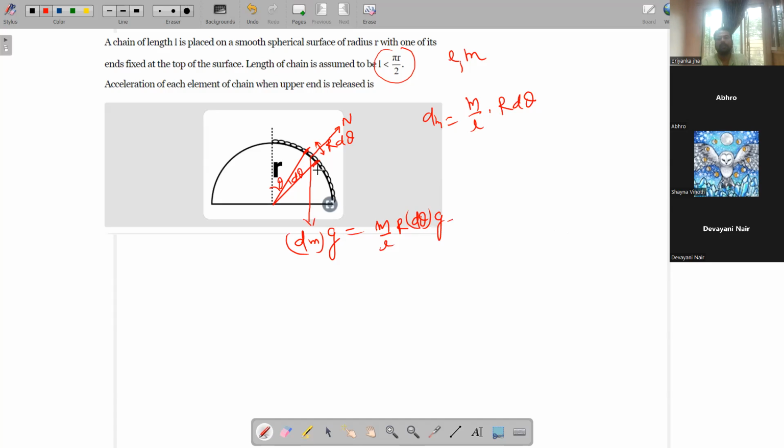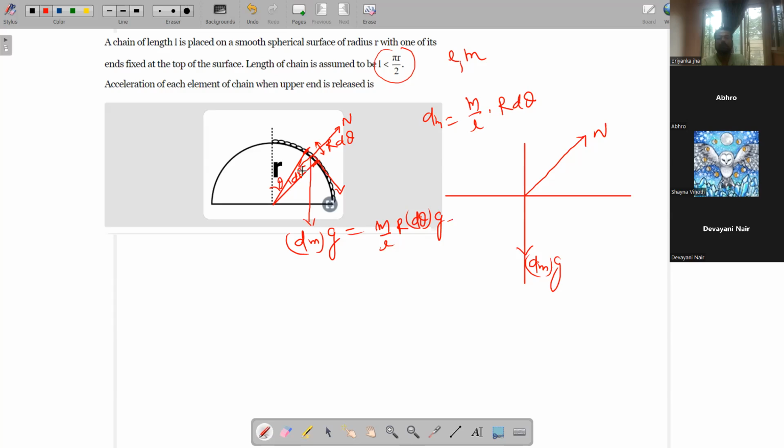Now you can see that if you take components of this dmg, the force due to gravity, one component will be like this, and the other component will be tangential. If I draw the clear picture, this is gravity dmg, this is normal, right?